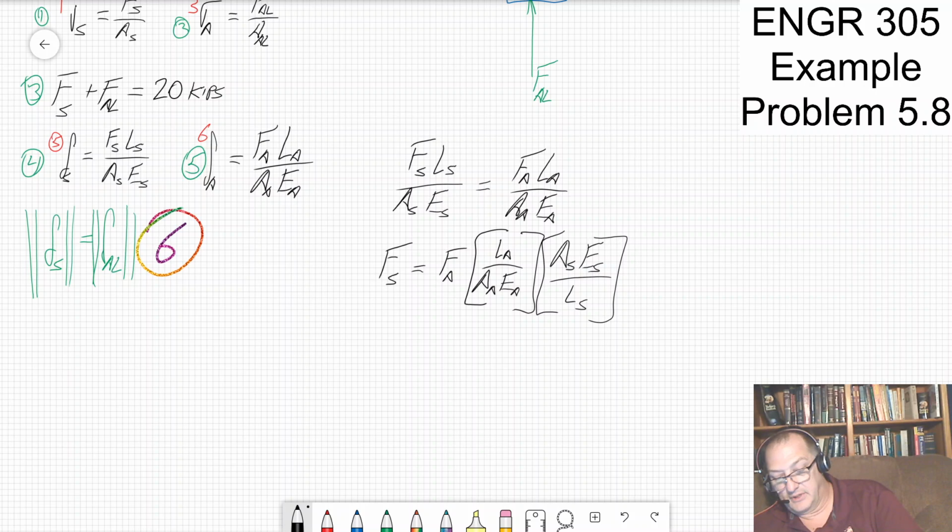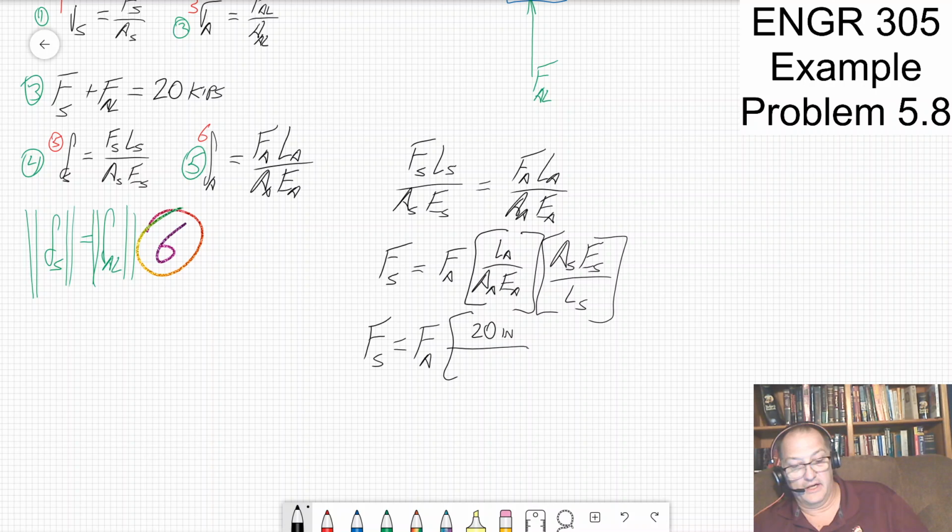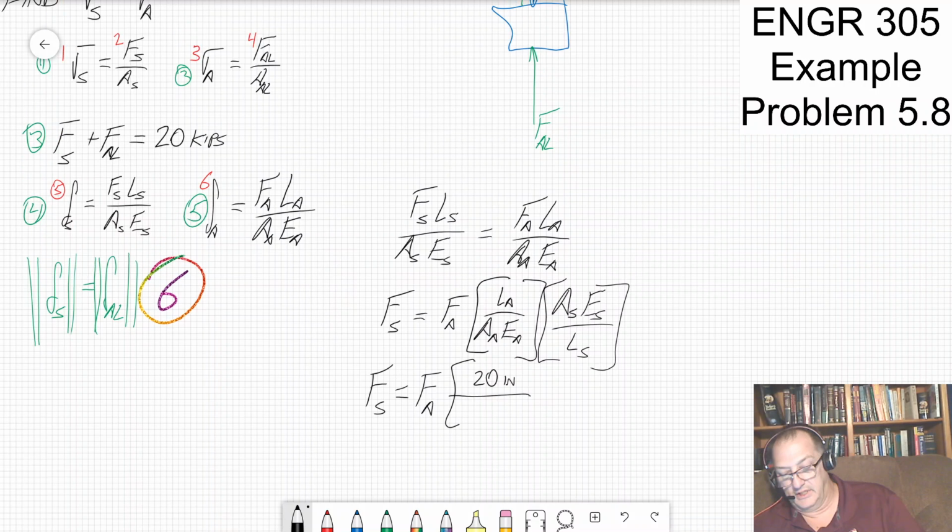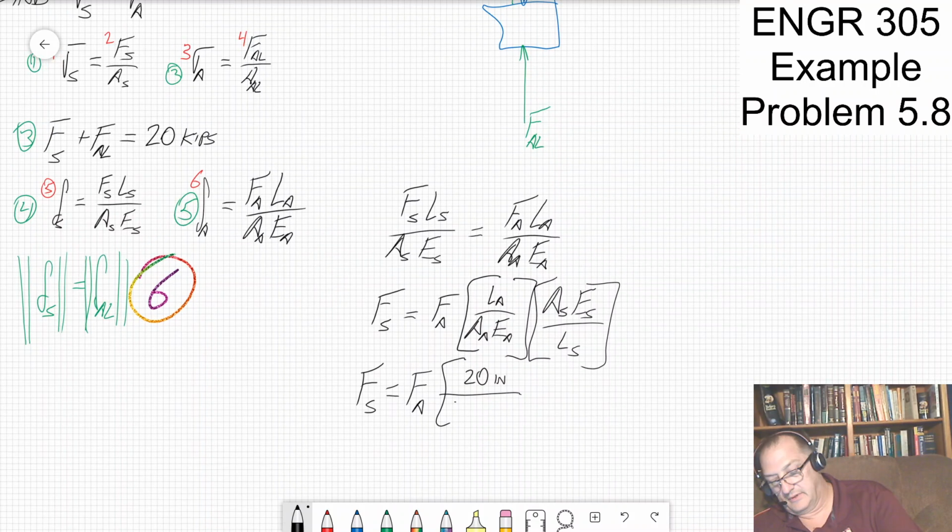So I'm going to write the force in the steel is equal to the force in the aluminum times length of the aluminum, 20 inches, over the area of the aluminum, which was 3 inches squared, and E for the aluminum is 10 MSI, well, that's 10,000 KSI is the way that it's commonly expressed.